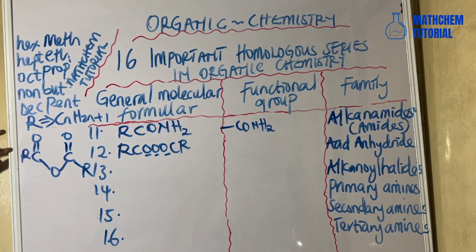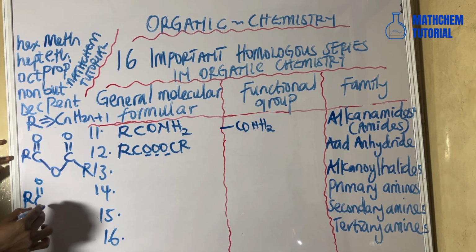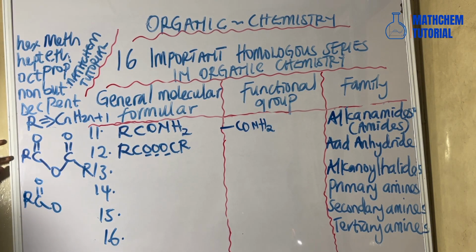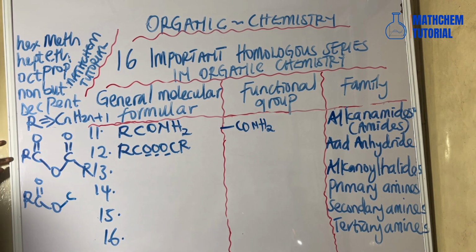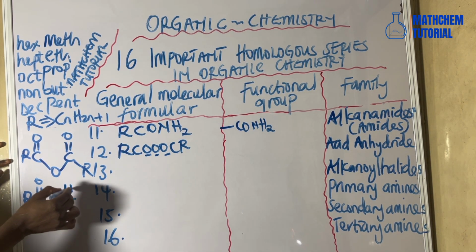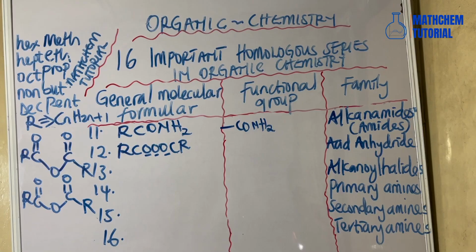So this is how the structure of acid anhydride looks. Let me write it again. This will be RC double bond O attached with O. You understand? So this O here is now attached to carbon, whereby carbon is attached to double bond O, and we have our alkyl here. So this is how the structure of acid anhydride looks.